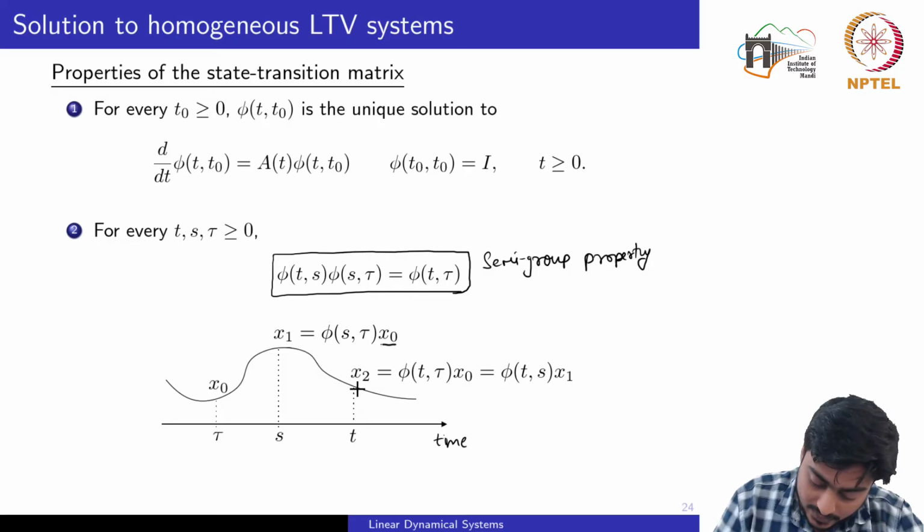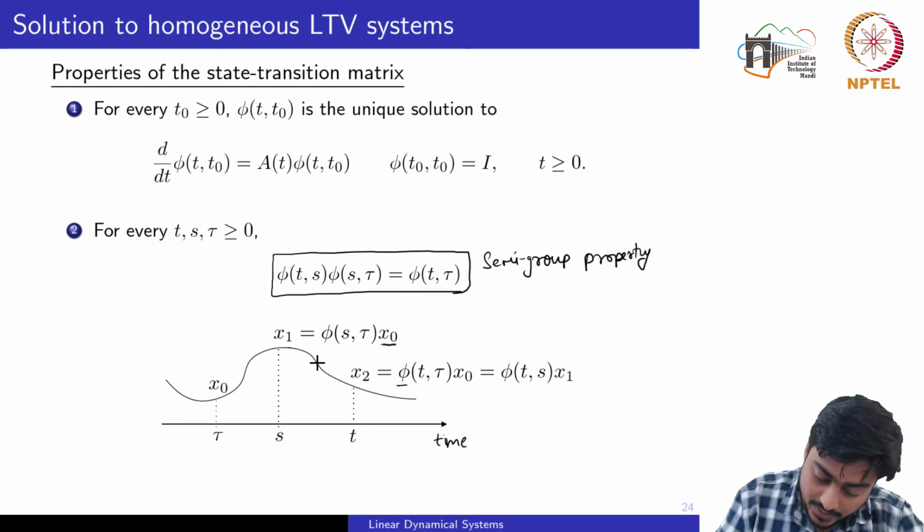Now if I want to compute the solution, let's say at time t, then my x2 I can represent in two ways. If I know x0, then I can represent it by the multiplication of the state transition matrix phi at time t, given the initial condition at tau, multiplied by x0.